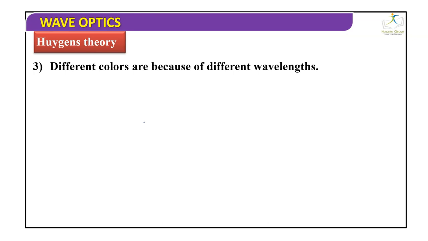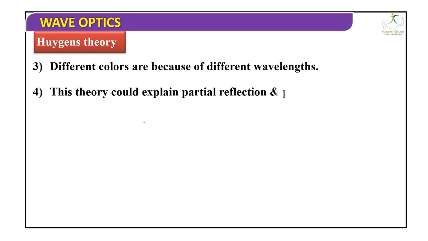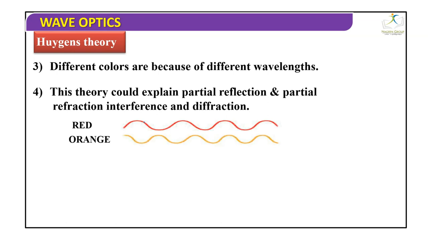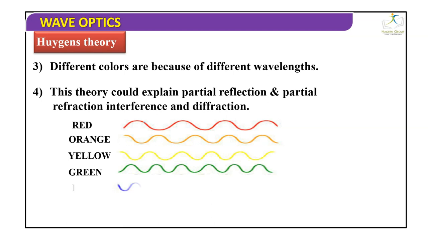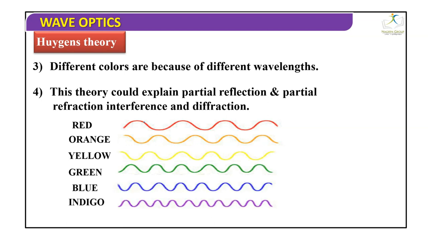We will discuss that later. The third point is that different colors are because of different wavelengths. This theory could explain partial reflection and partial refraction, interference and diffraction as well. Because of the different wavelengths, they have different colors, which we categorize in the form of waves.